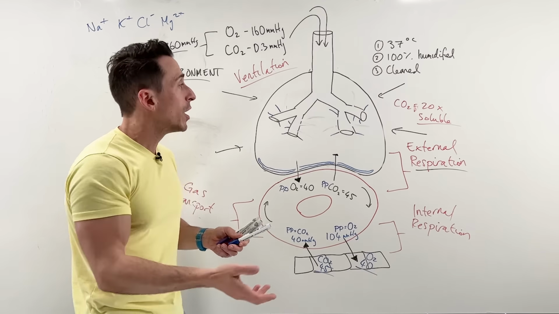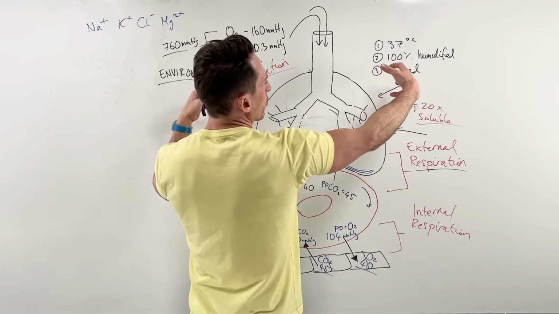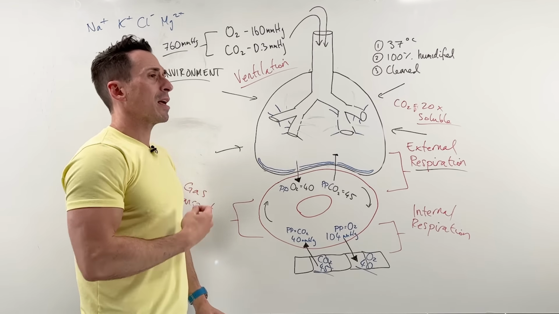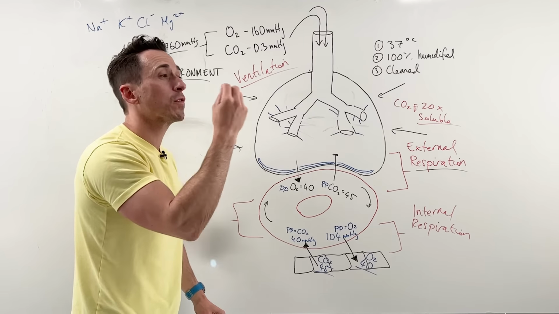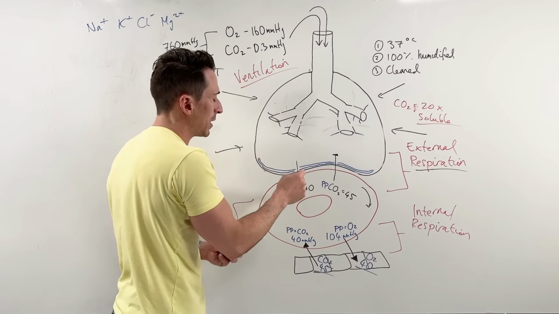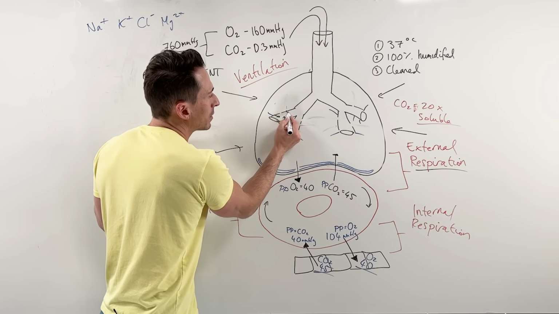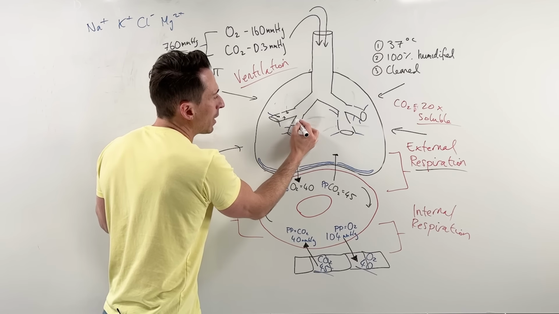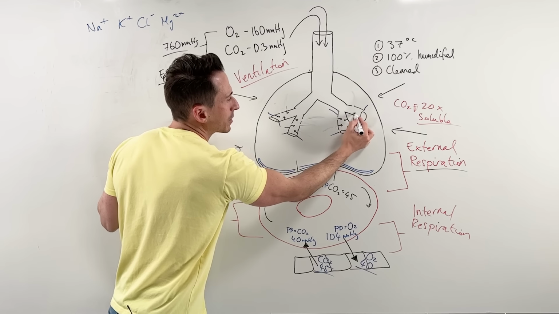So what do you think they do? They recruit all those accessory muscles, the abdominal muscles, they recruit the internal intercostal muscles, and they try to forcefully exhale out. But the problem with forcefully exhaling is that the elastic tissue, which is now gone, can't keep the airways open, and the airways will collapse. And so in emphysema, it's very common for their airways to collapse.